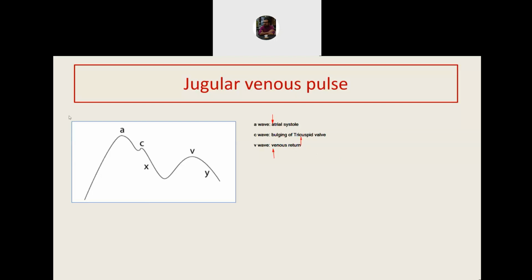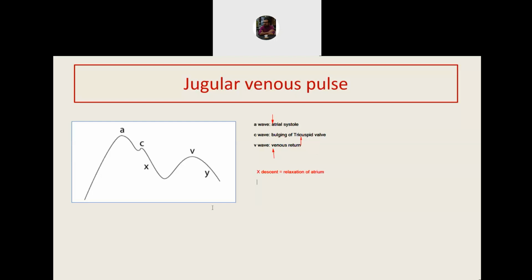Soon after the atrium contracts, the atrium must also relax. So the X descent is caused by relaxation of the atrium, that is atrial diastole. And soon after the venous return, the tricuspid valve must open, so blood will go from atrium to the ventricle.